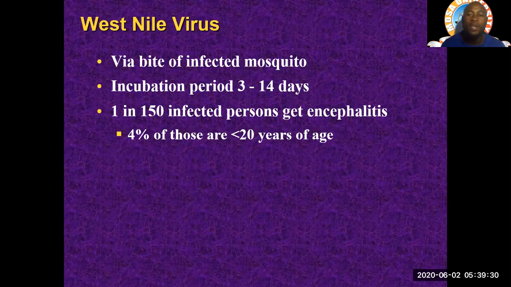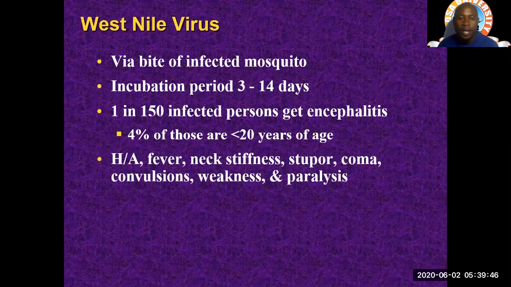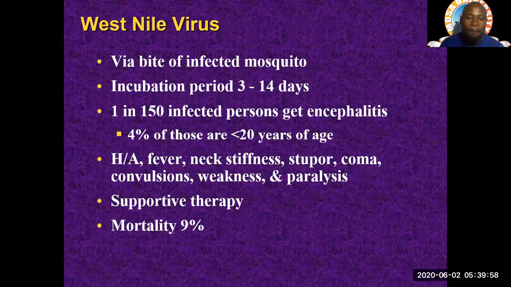When we talk about the epidemiology, 1 in 150 infected persons develop encephalitis, and 4% of those are less than 20 years of age. These will present with fever, neck stiffness, stupor, coma, sometimes with weakness or paralysis.